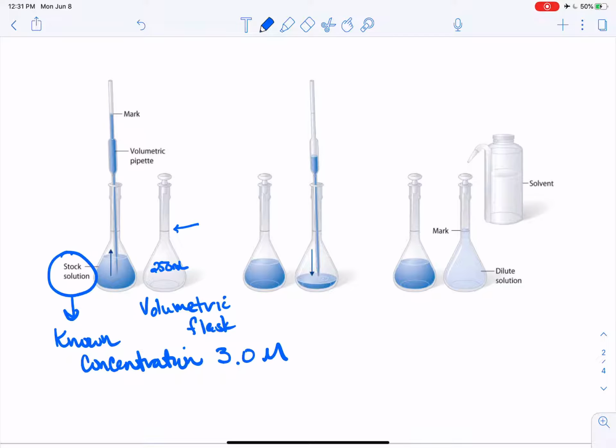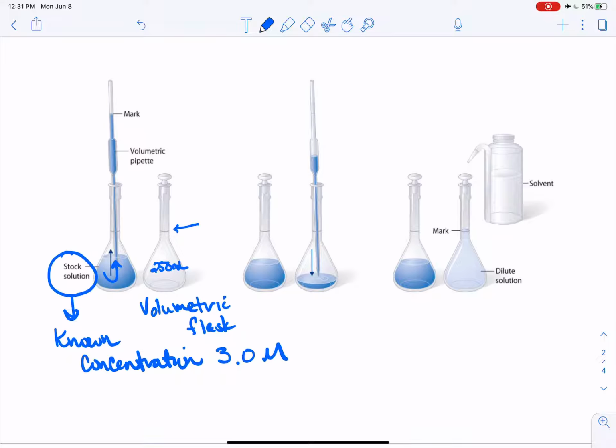Now we're going to do a calculation and we're going to figure out how much of our concentrated solution that we need. So we would be calculating V1, and we're going to suck this up into a volumetric pipette.